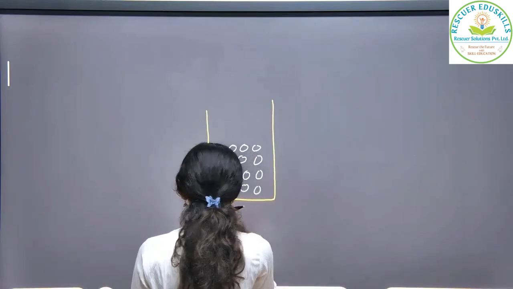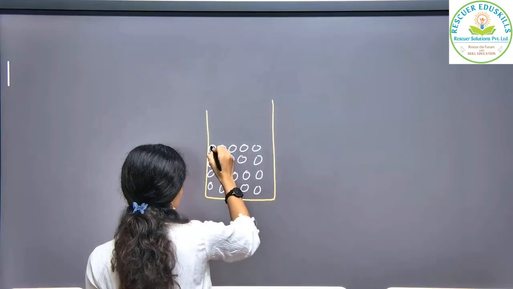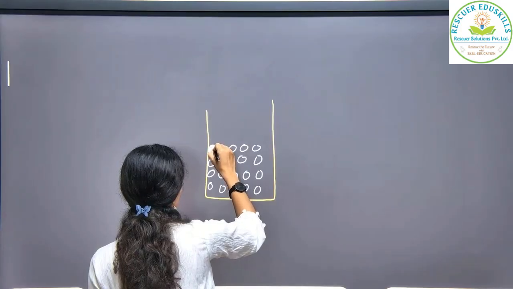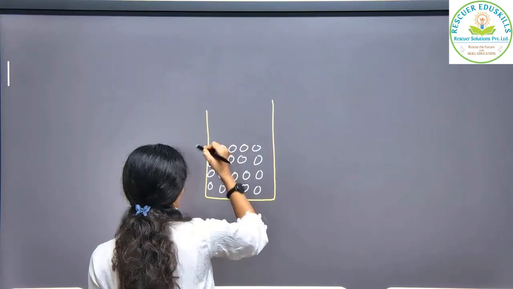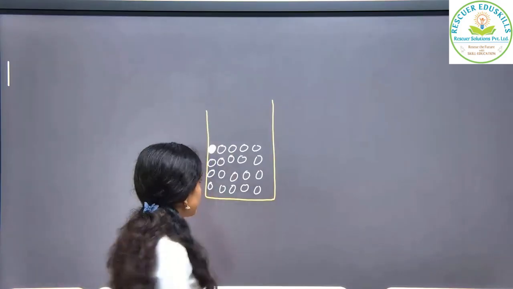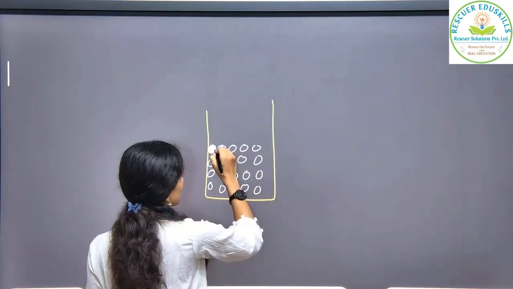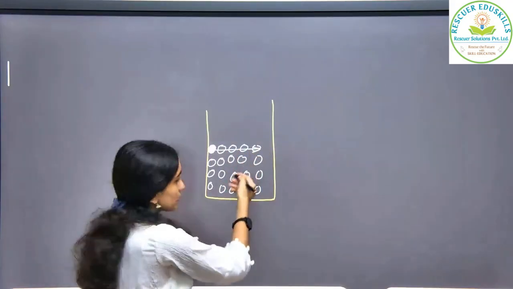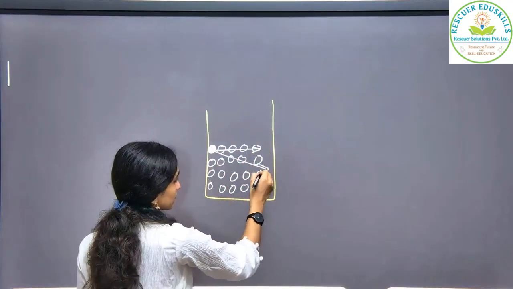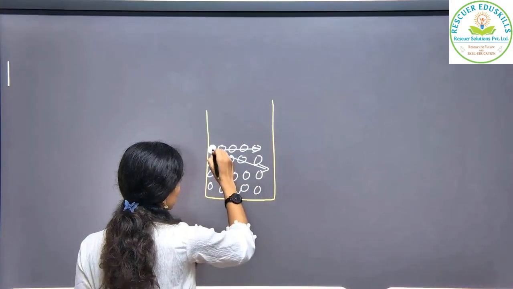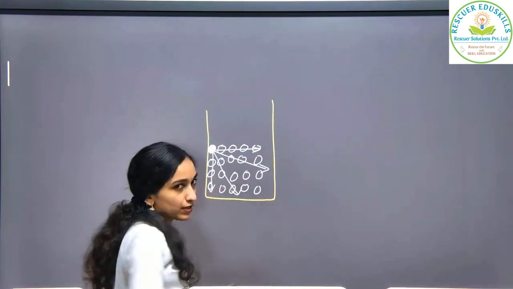Now what will happen? Let's consider this droplet. These molecules will try to pull this droplet here. Again, this will try to pull it here, and again these molecules will also try to pull it.